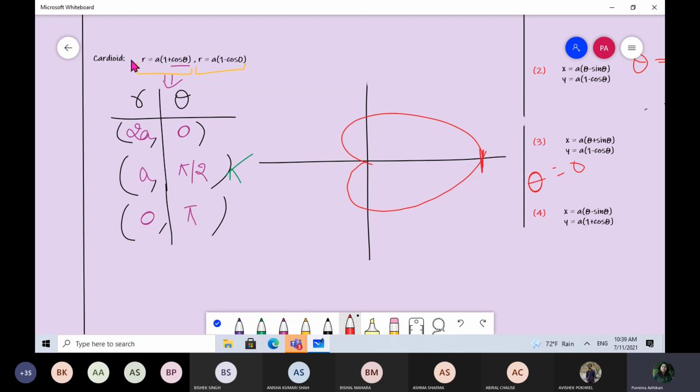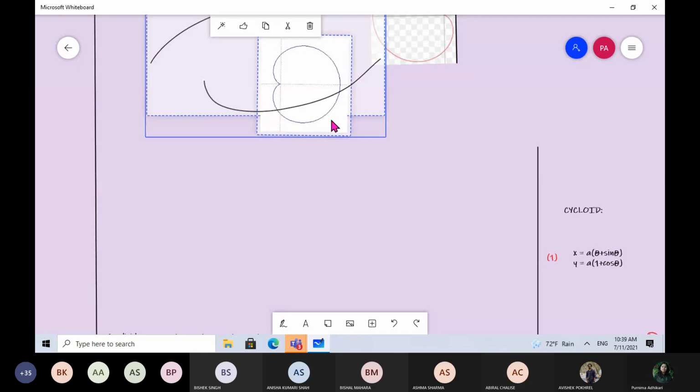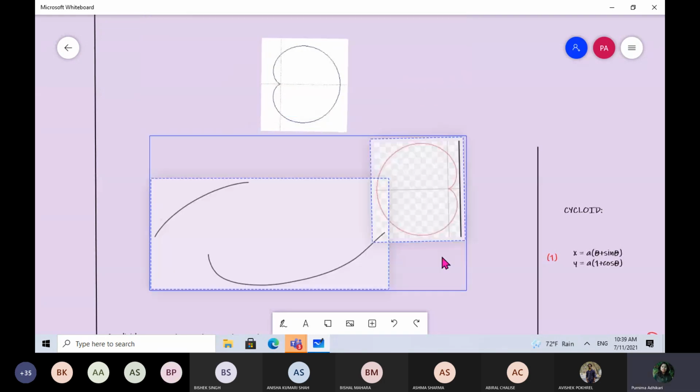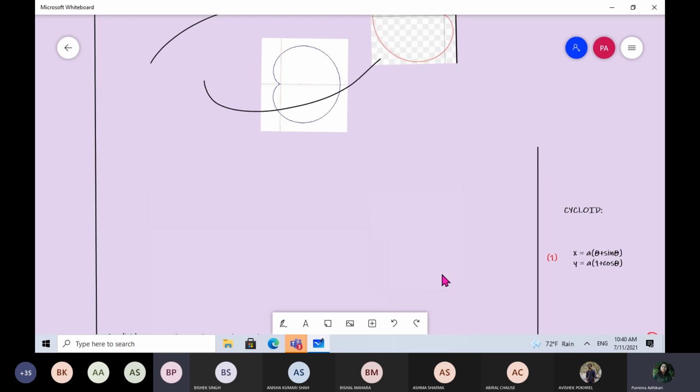Now did you get the notion why it is named cardioid? Why is it named cardioid, did you understand? Exactly.